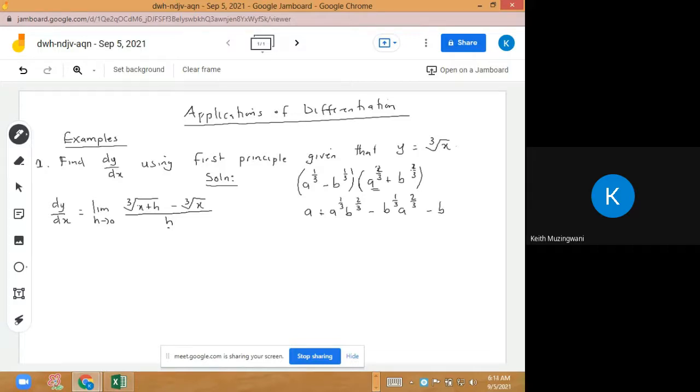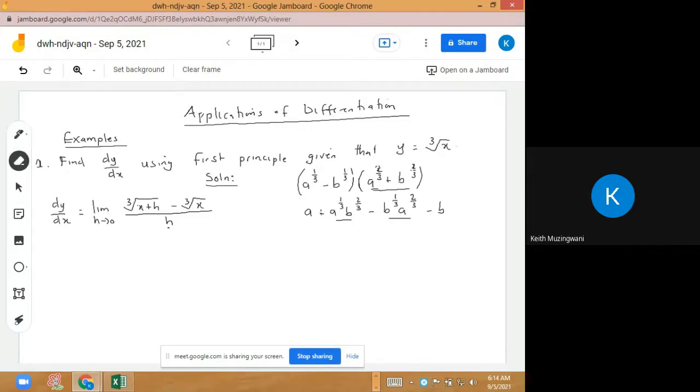But again, we can see that this and this are not cancelling. So it means that there's a need for another term in between.